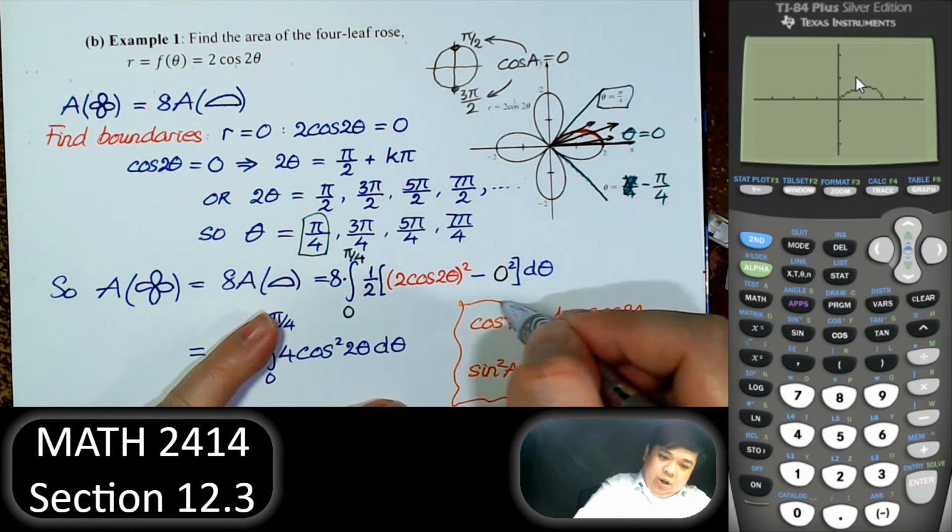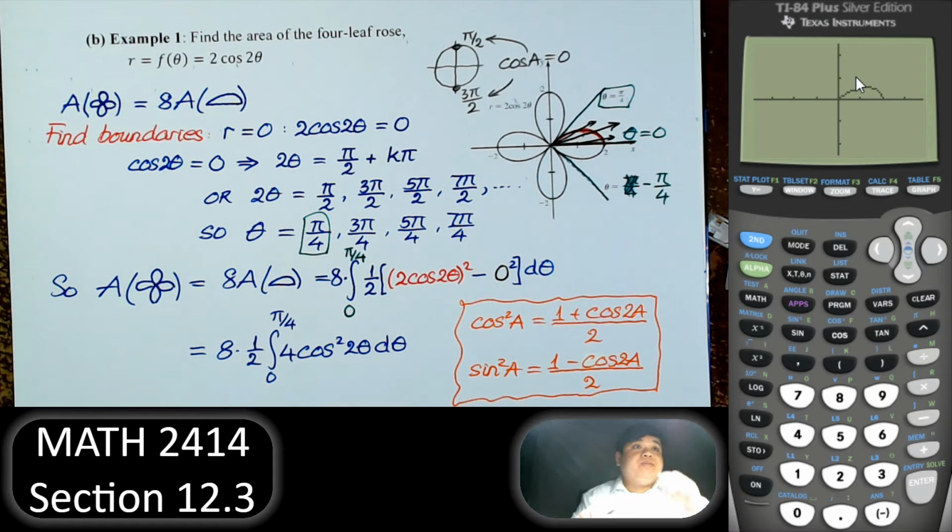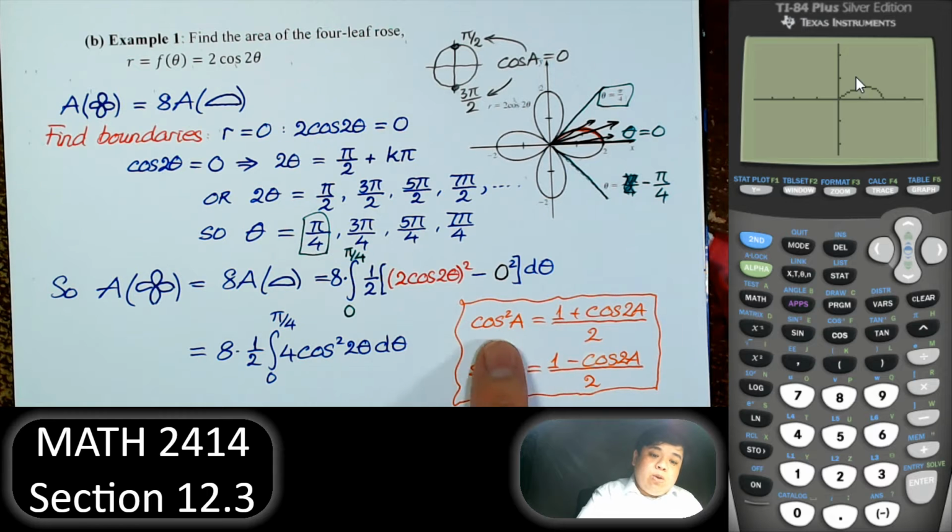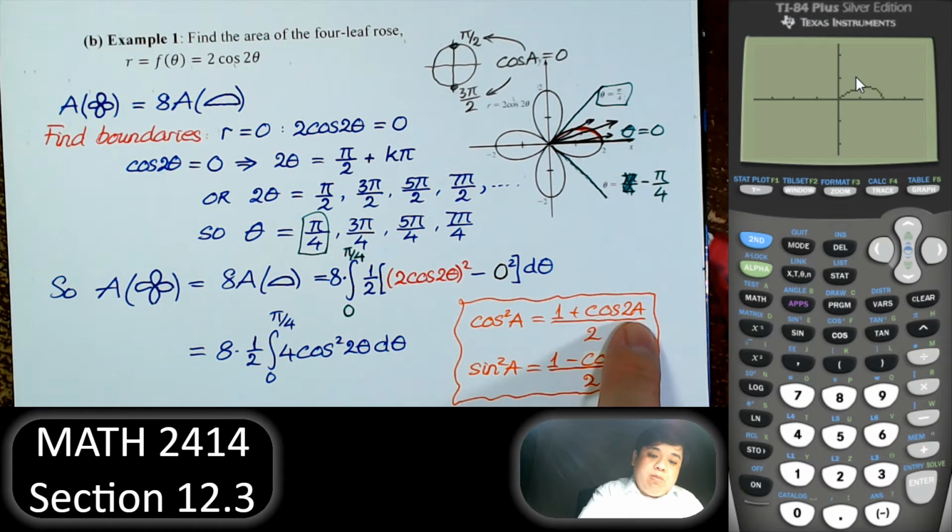That power reducing we use a lot in this section. Right. So cosine square: reduce the power, double the angle. Cosine square will be plus, sine square minus.